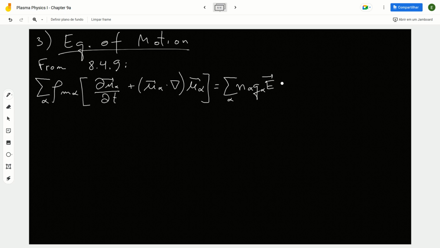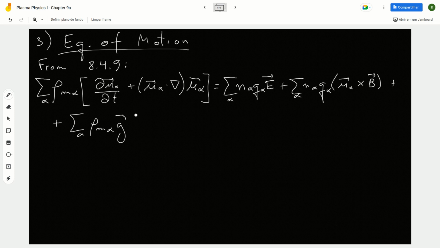Electric field plus we have information about the Lorentz force, then we have gravity. This is just Newton's second law of motion, right? Minus, then we have pressure. We're just adding all the forces.